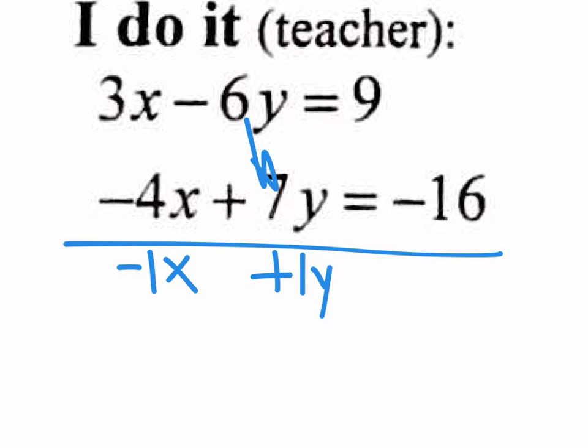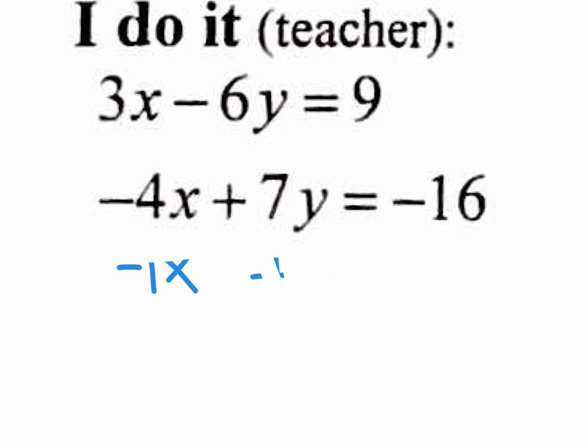My point is, step one is to multiply one or both equations to get a variable to cancel. So we need to understand that. How are we going to cancel out a variable? Well, if this is a 3x and I want it to cancel out, then this one has to be a negative 3x, right? Or if this is a negative 4x, I need this one to be what? Positive 4x. Does that make sense?